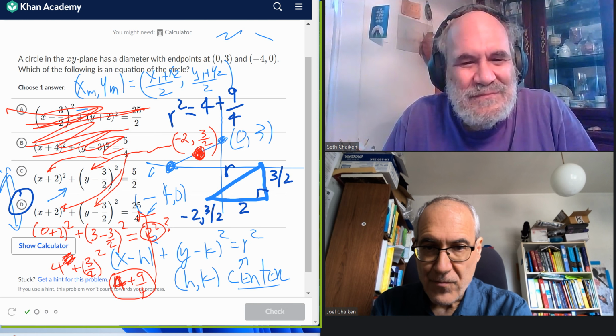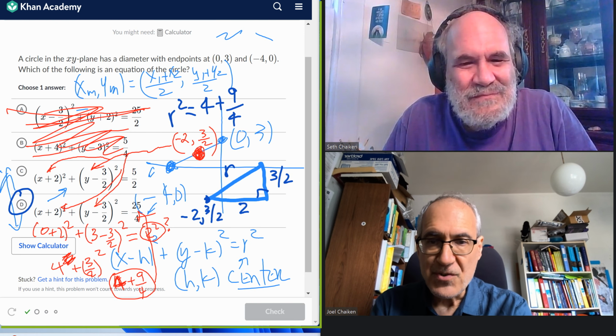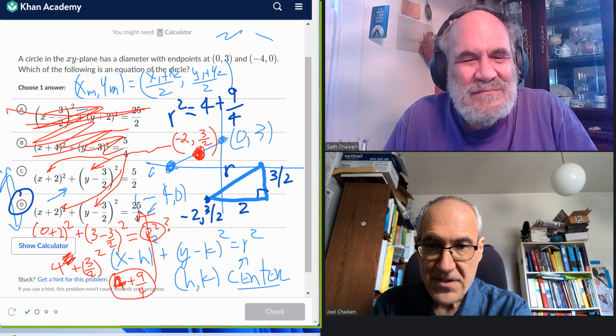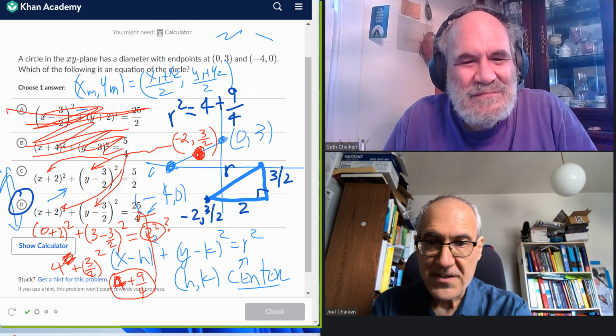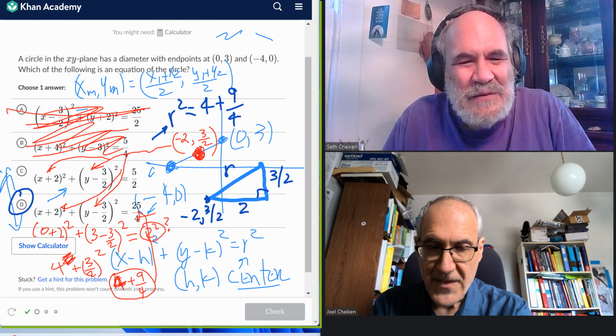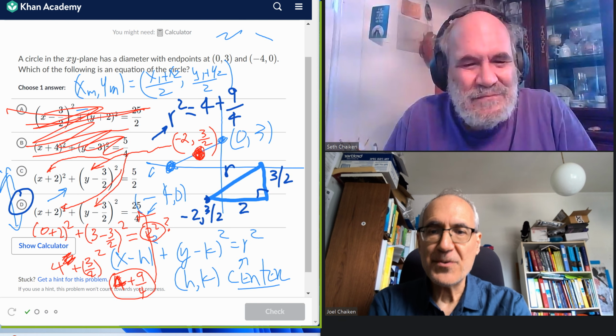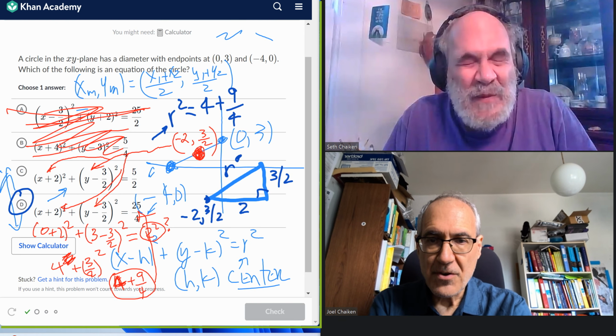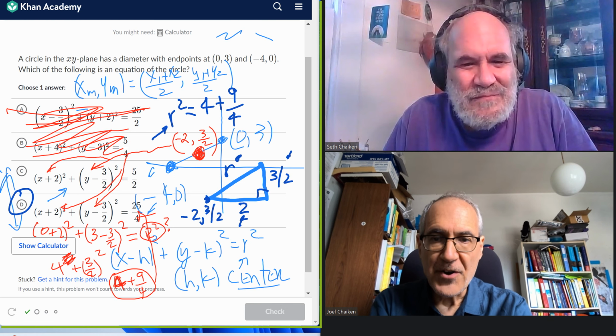So if you make a right triangle and label the distances, you can calculate the hypotenuse, and you don't even have to take the square root. The Pythagorean theorem says r squared equals 2 squared plus 3 halves squared.